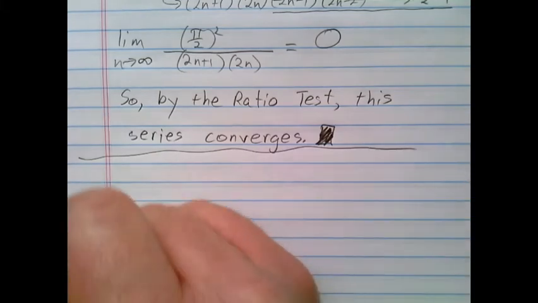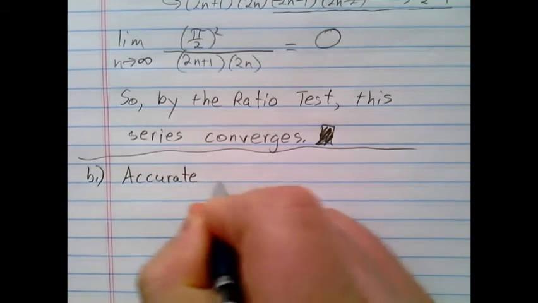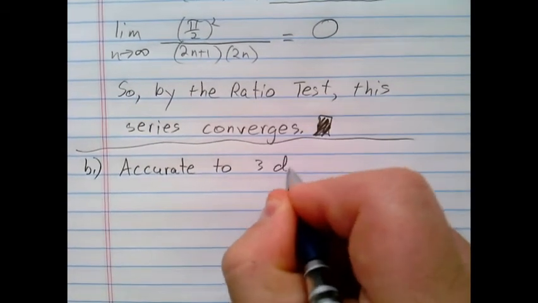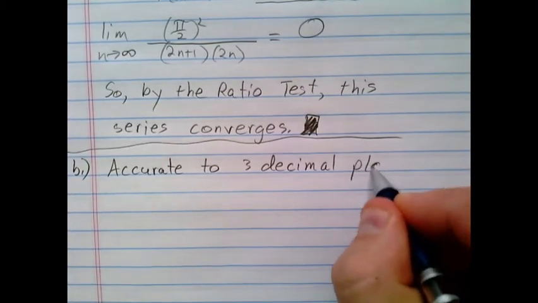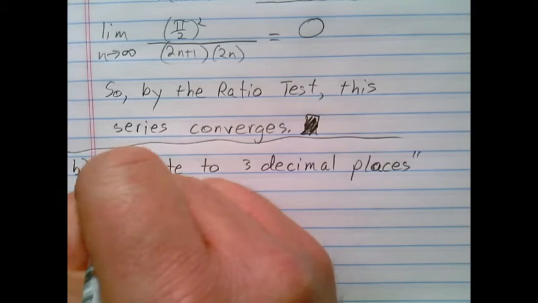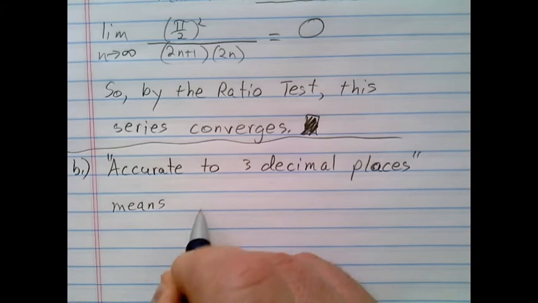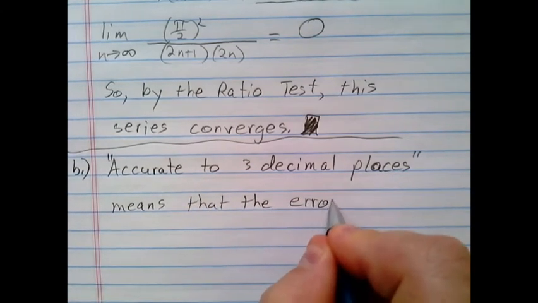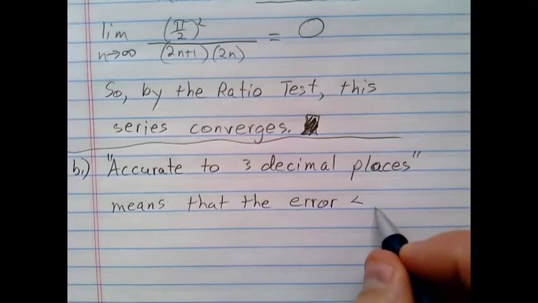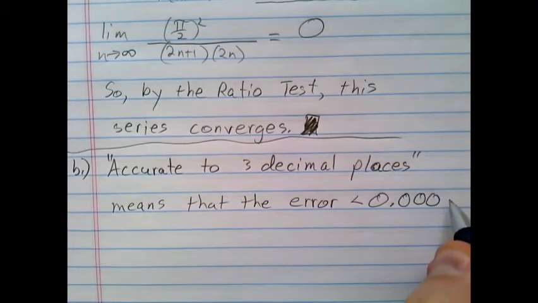Part B. So accurate to 3 decimal places. This is what we were asked to do. That means that the error is less than, so if I want 3 decimal places, I'm going to do a decimal and then 3 zeros and then a 5.